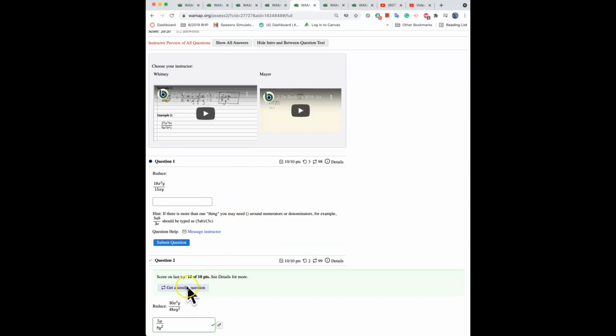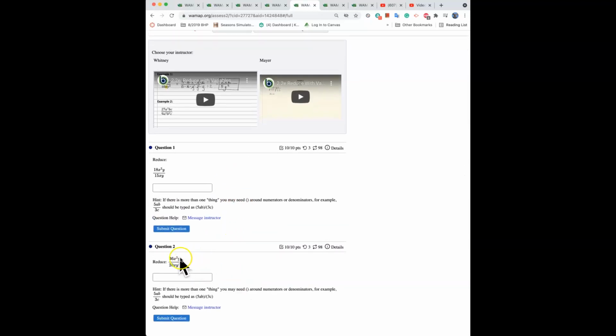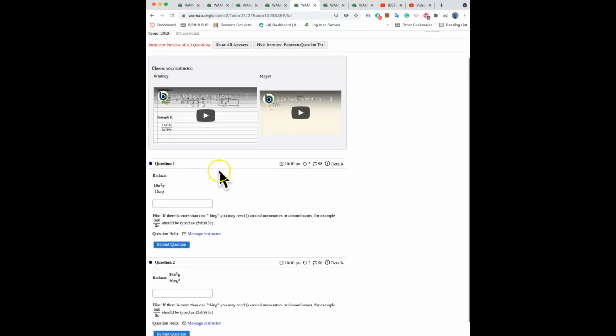And let's see if we got a similar question. I think these are going to be very similar, but let's work this one more time. A bonus: 18x squared y over 15xy.